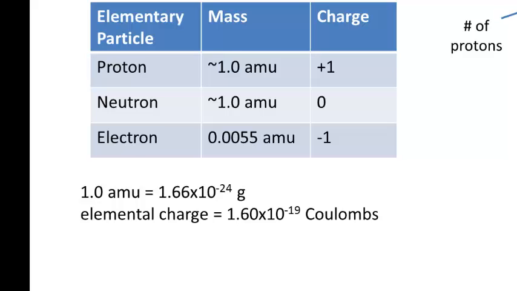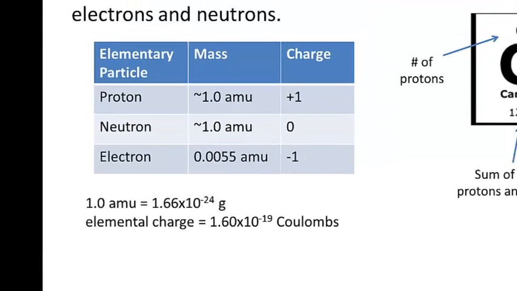An elementary charge also has a value in terms of coulombs, which is a unit of charge. And again, the actual charge on a proton or electron is very, very small, 1.60 times 10 to the minus 19th coulombs.